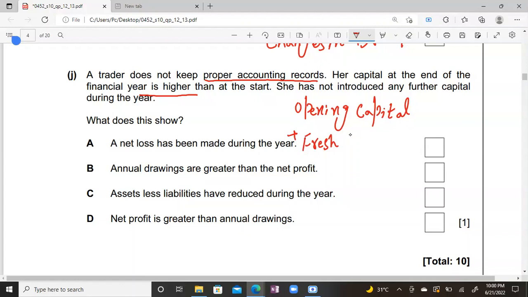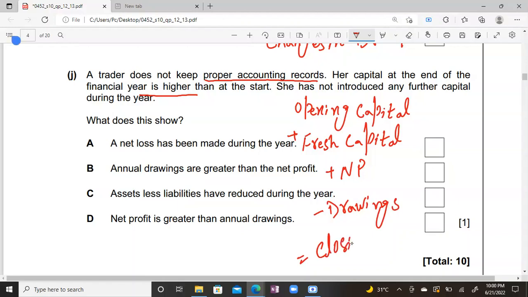Then plus the net profit, minus the drawings, equals the closing capital. And here it says that the capital at the end of the year is higher.